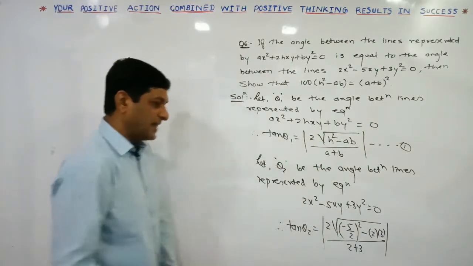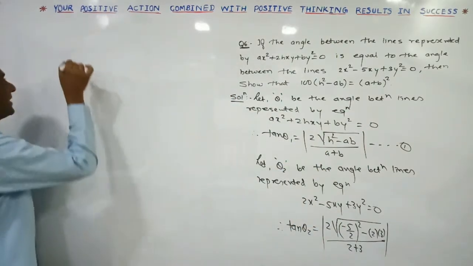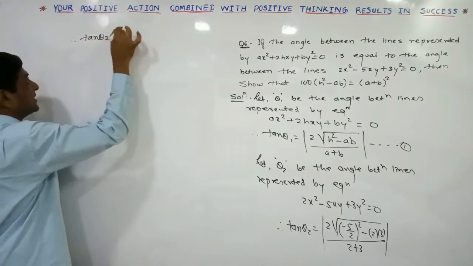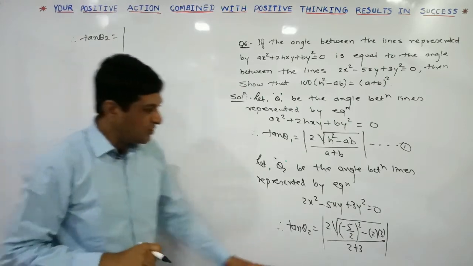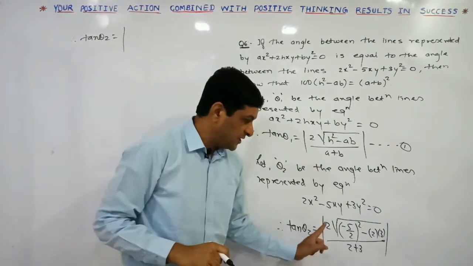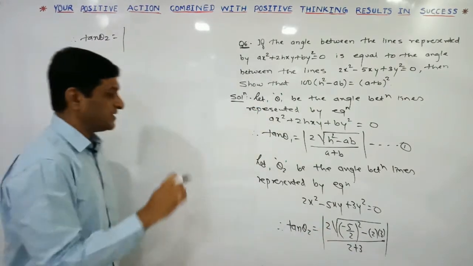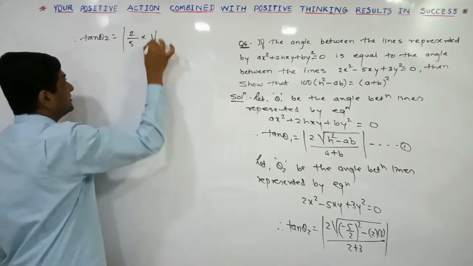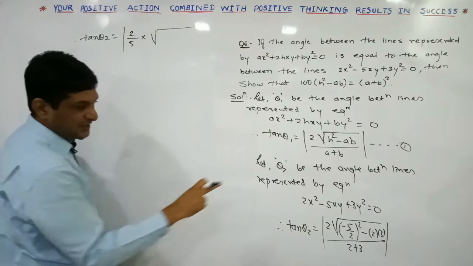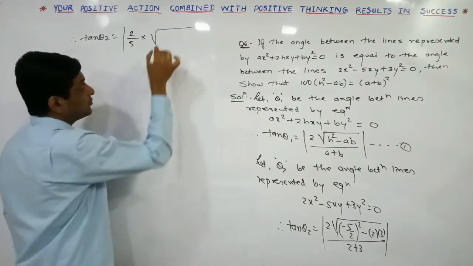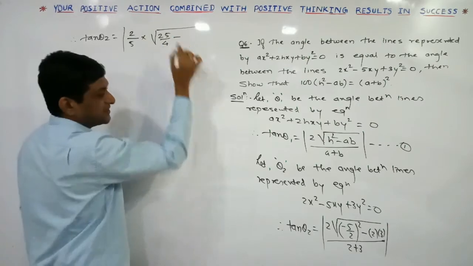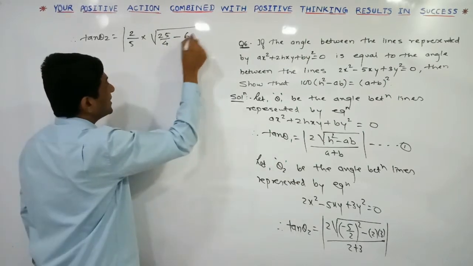Let us simplify it and see what value of tan theta 2 we get here. So therefore tan theta 2 is equal to, in the denominator 2 plus 3 is 5. So keep this 2 by 5 as it is. So the first term is 2 by 5 into, and in the root let us see what we will get. What is the square of minus 5 by 2? It's 25 upon 4. Keep this minus as it is, and 2 into 3 will become 6.